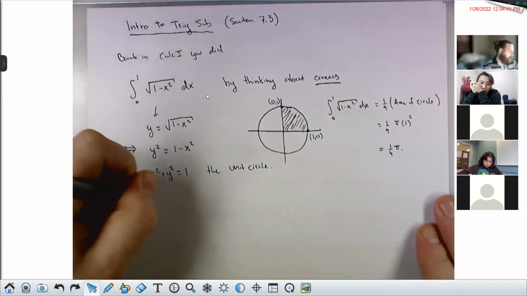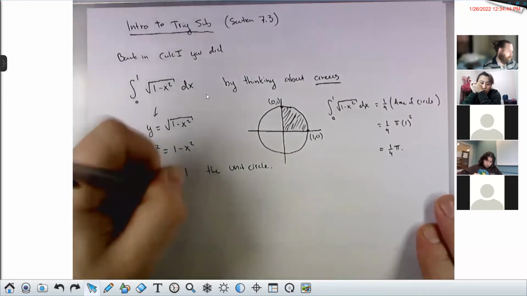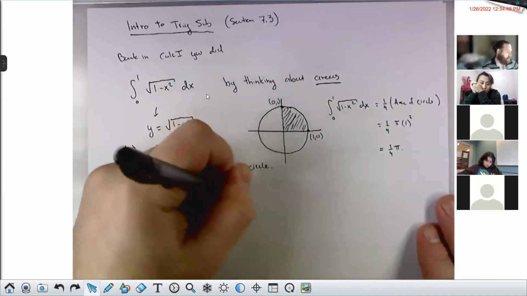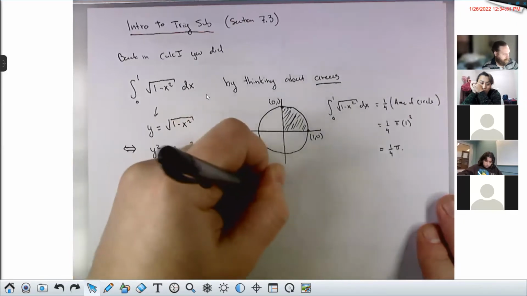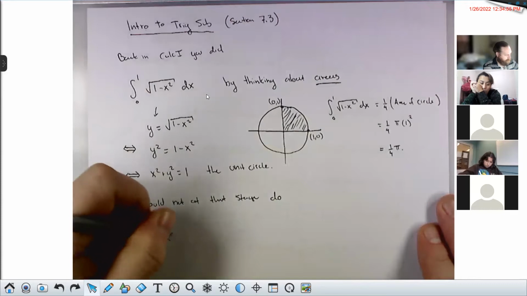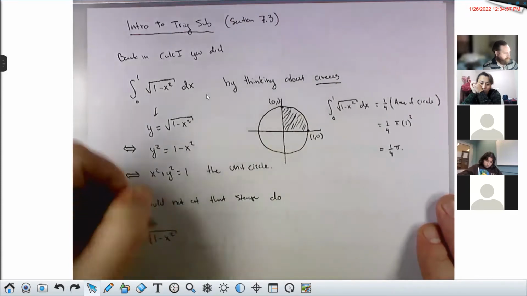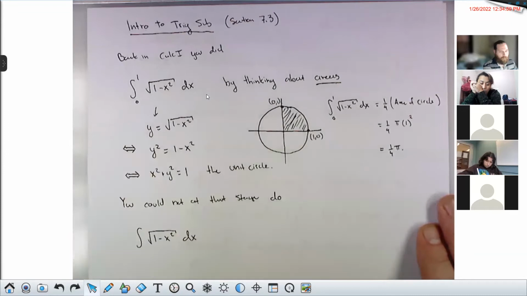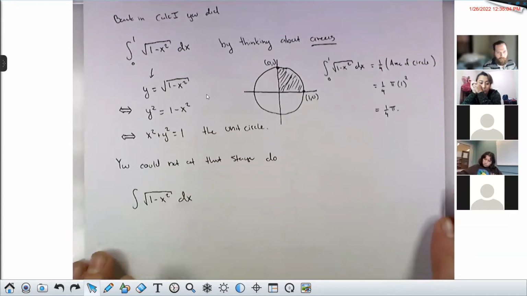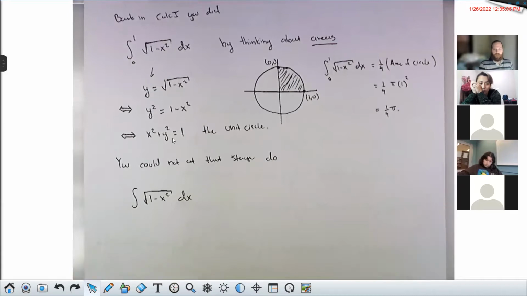You could not, at that stage, do the indefinite integral. And I'm not going to do the whole integral here for you today because we are over time. But I'll tell you that the trick to doing this integral is something very similar to this.